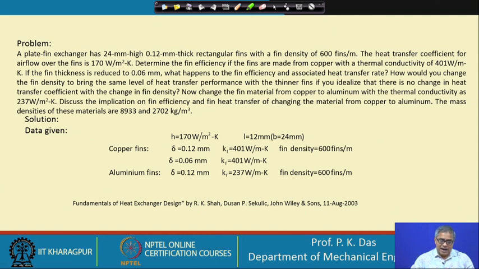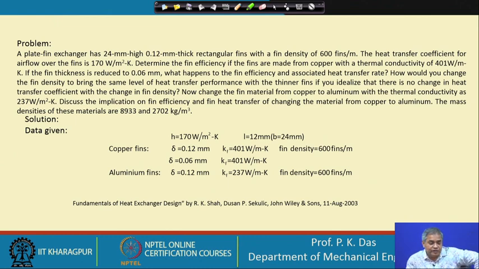Let us take another problem. This problem is from the book of Shah and Sekulic on heat exchangers. Basically, though it is associated with a heat exchanger, one can take it as a simple heat transfer problem, a fin problem. Let us read the problem. A plate fin heat exchanger has 24 millimeter high, 0.12 millimeter thick rectangular fins with a fin density of 600 fins per meter.